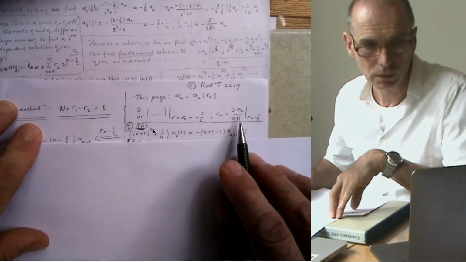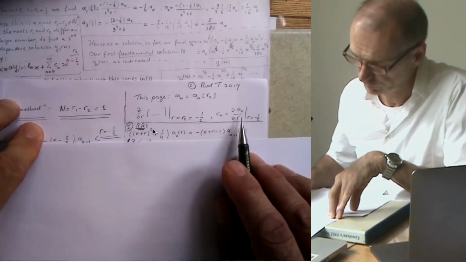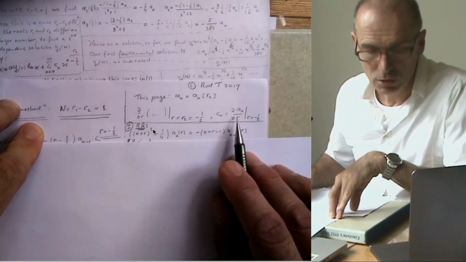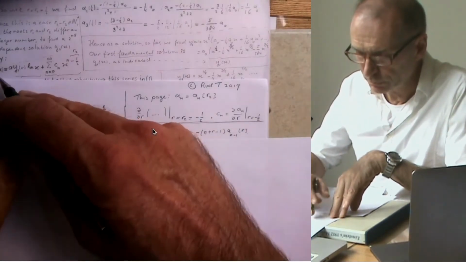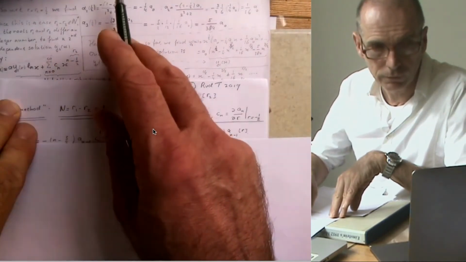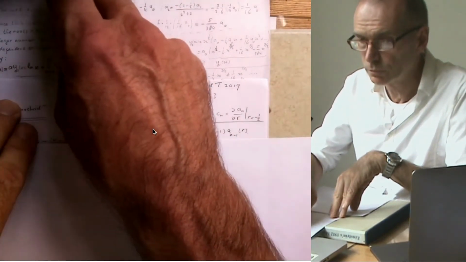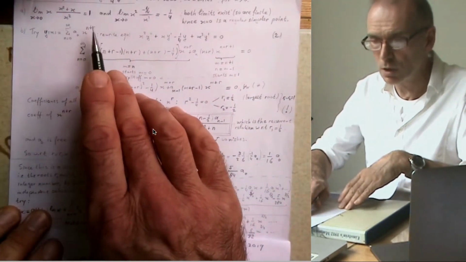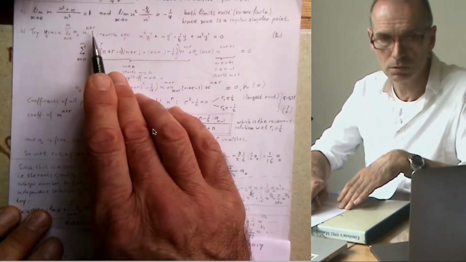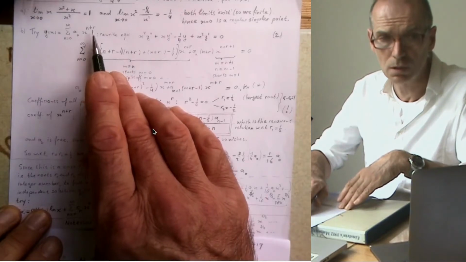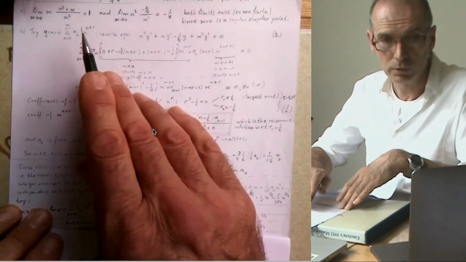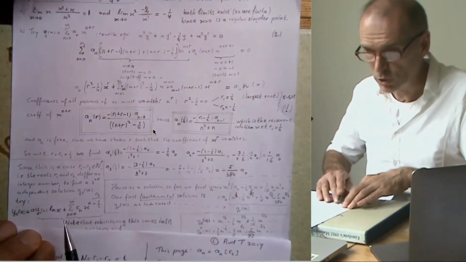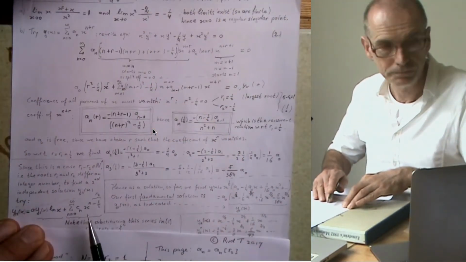And this is how to do that in a straightforward way. And the key to that was discovered by Frobenius. The second solution can be found by taking the derivative of this general series with respect to that parameter r. So Frobenius' invention was keep that r and explore the derivative with respect to r. And that is how he showed that the second solution is of this form.